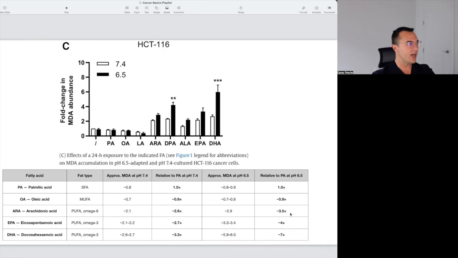So we see here that at a tumor-type pH of 6.5, the omega-6 is about 3.5 times more likely to have oxidative damage associated with it.